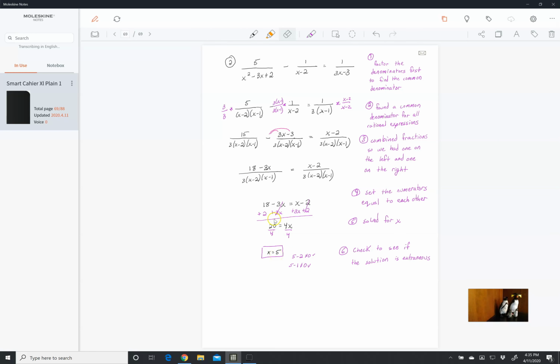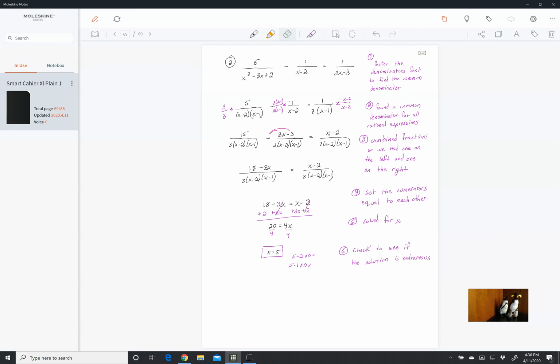You're ignoring the denominators for the moment because at the very end, when you check for extraneous solutions, you're plugging it back in here. So when you plug it back in, plug it into the factored denominators. Let's take a bunch more. Some of these are going to be more expressions where they need to be factored. Some might be 3 expressions.